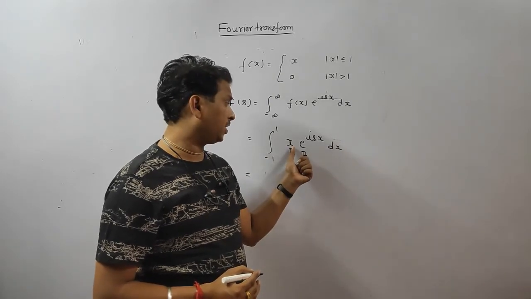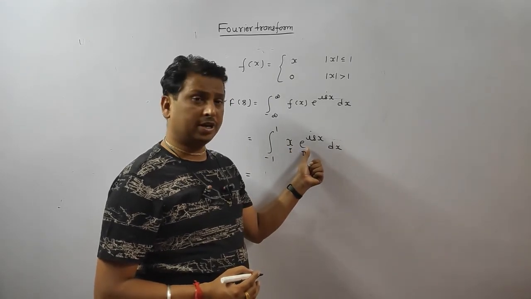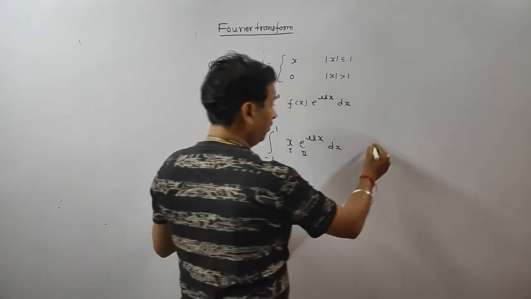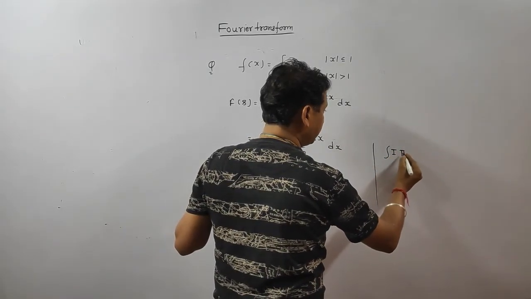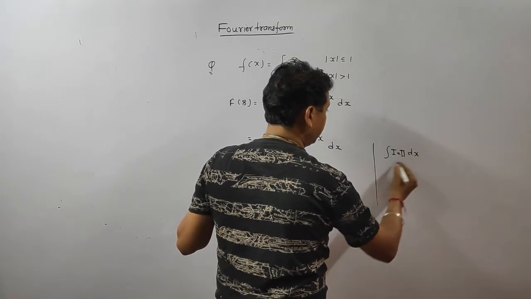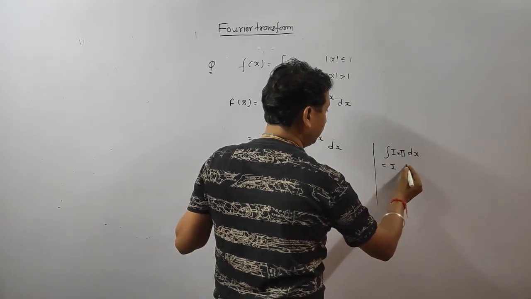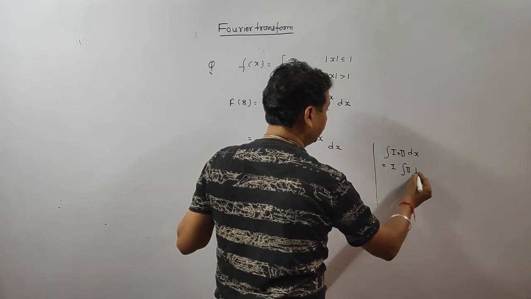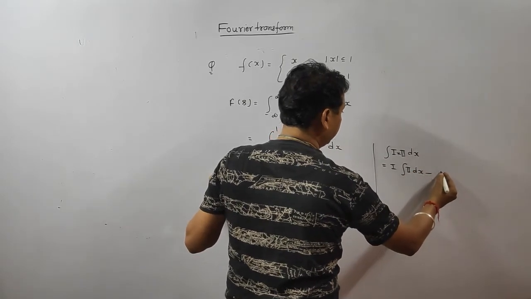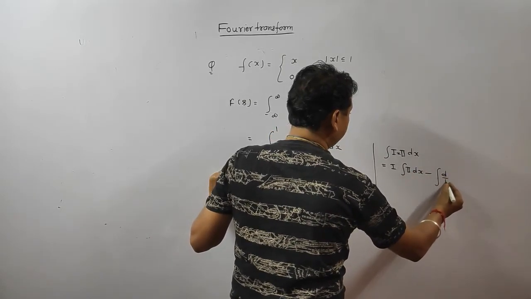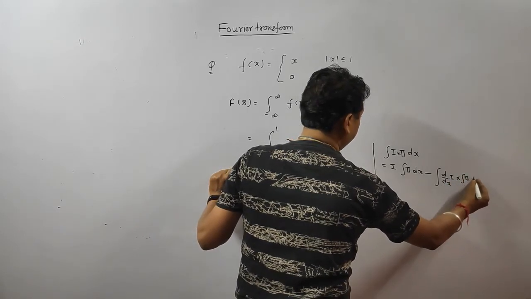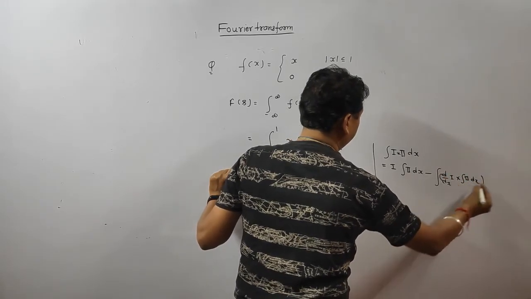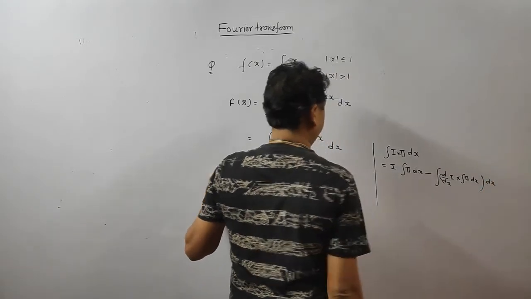So this is your first and this is your second. What is the formula? The formula for integration is first into the integration of second, minus d by dx of first into the integration of second, and then the whole integration.